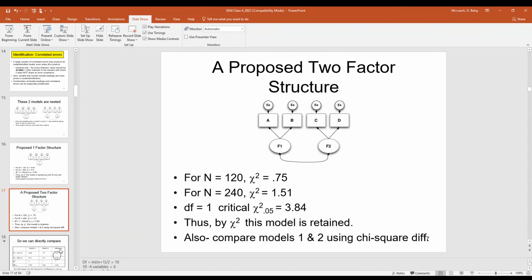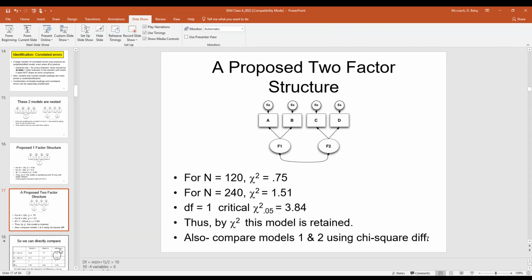But in either case, my chi-square would be retained. So this two-factor model seems to fit, and we can see that even before we do the chi-square difference test, which we're about to do. We can see the two-factor model is fitting better than the one-factor model.